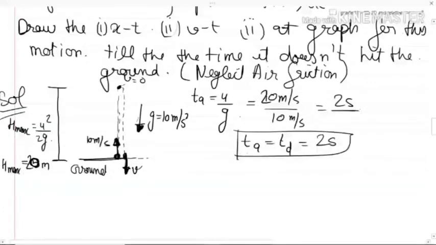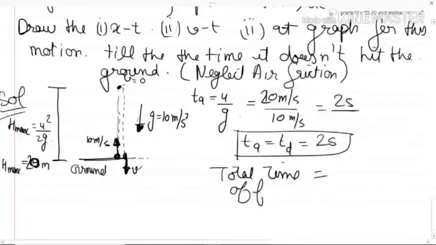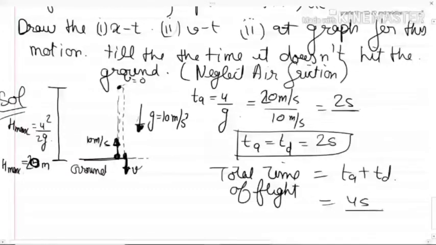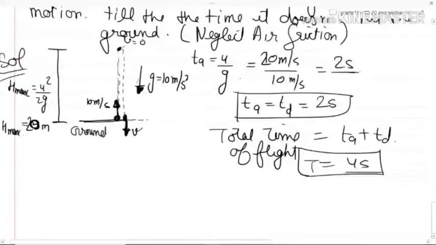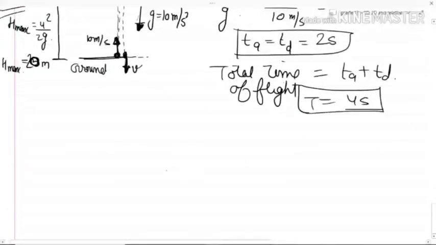Yes or no? So what is the total time, guys? Total time of flight is always equal to time of ascent plus time of descent, which is basically 4 seconds. So in 4 seconds, the object will come back to where it started, right? Everyone, is it clear?